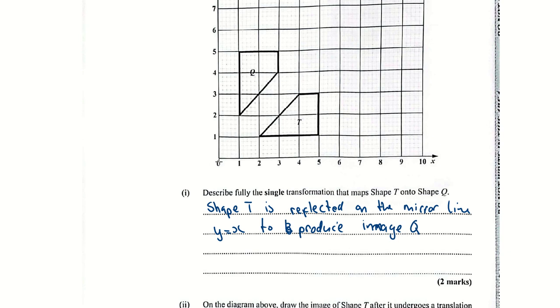Because the reflection is going here, and this line here is where y equals x. Also, if you take from one side to the other, you can see that the distance from the object to the image is 1 unit. So your mirror line is going to be 1 divided by 2, which is a half unit away from your object, or a half unit away from your image, just depending on what they're asking.